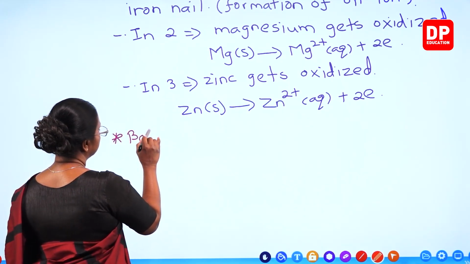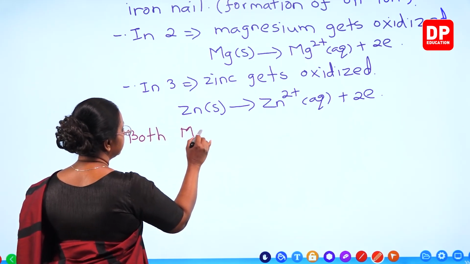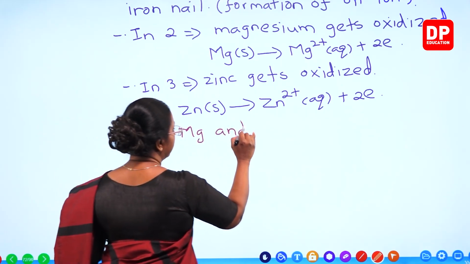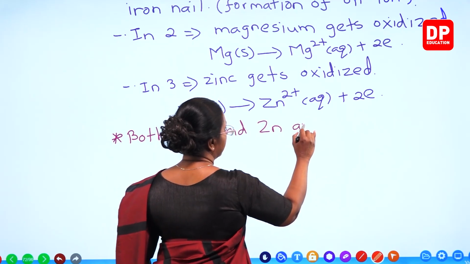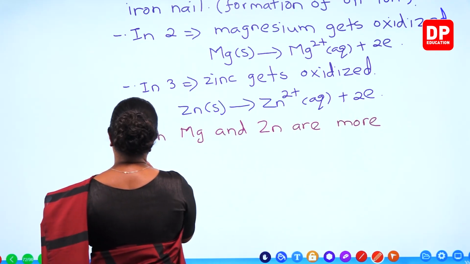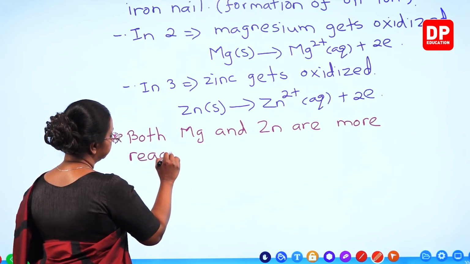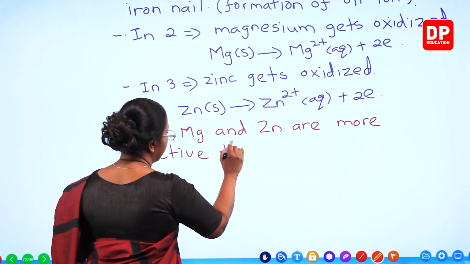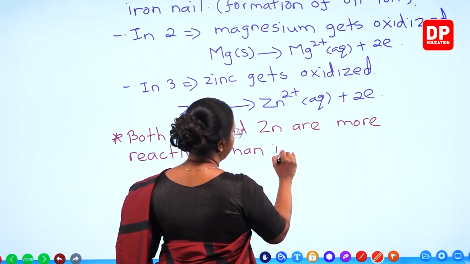Both magnesium and zinc are more reactive than iron.